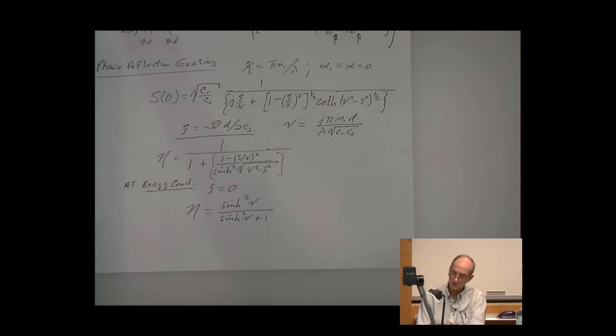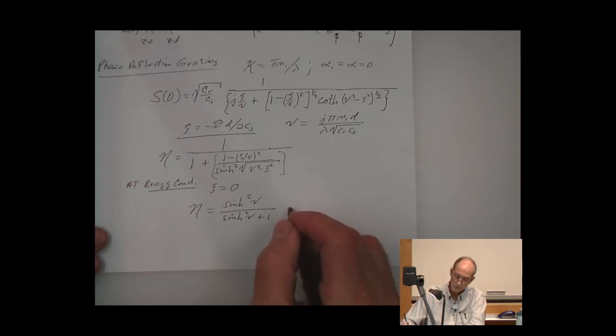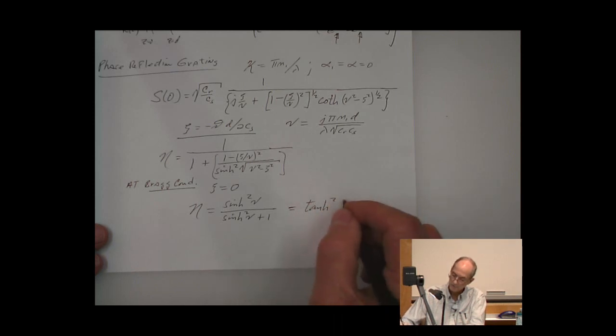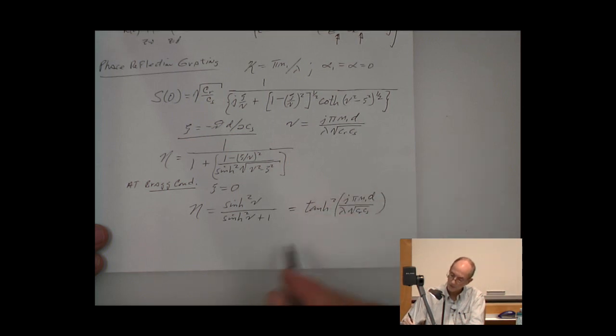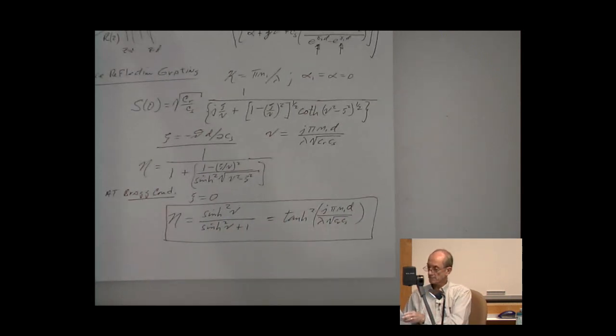If we expand this a little bit, this is just equal to the hyperbolic tangent squared of j pi n1 d over lambda square root of c sub r c sub s. So this is the reflection grating analog of what we had for the transmission hologram.